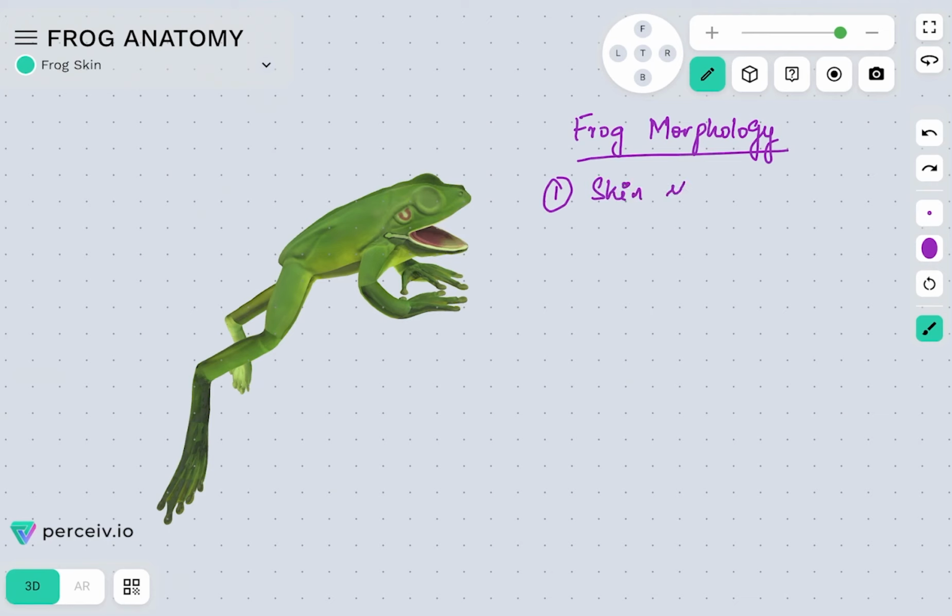Skin is smooth, and along with that it is slippery also. So skin is smooth and slippery due to presence of mucus. And this skin is maintained in a moist condition because of the mucus secretion.